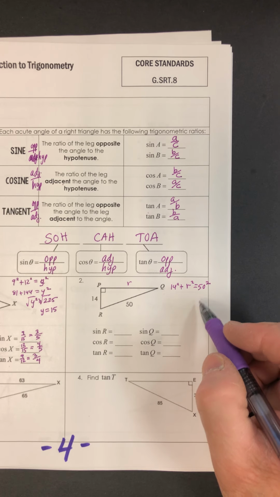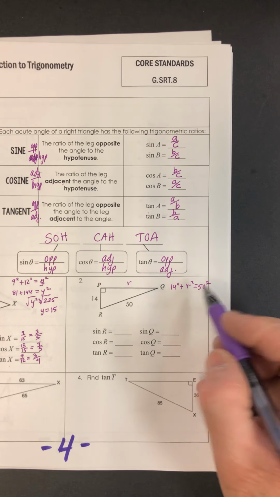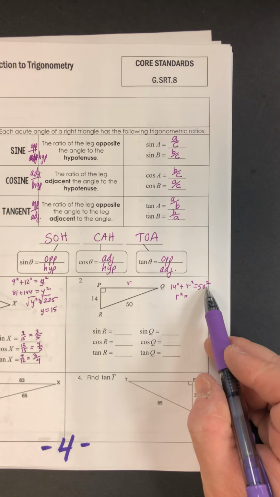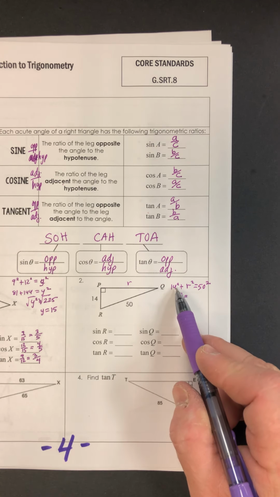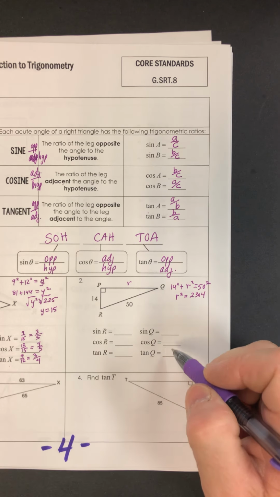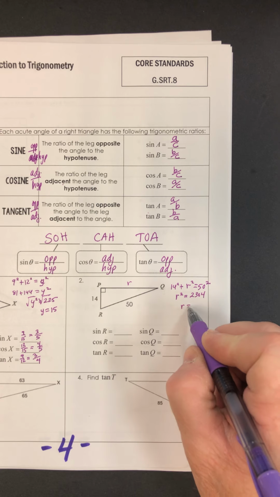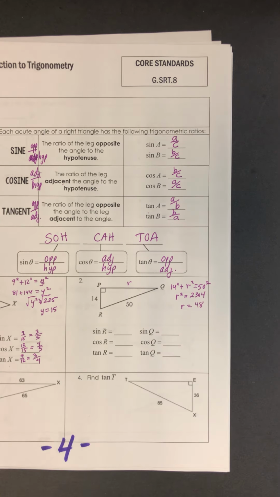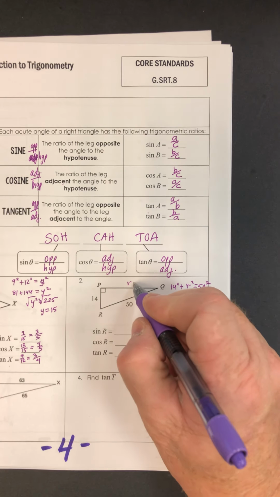So if I take 50 squared and I subtract 14 squared, I'm going to get r squared. I'm just skipping a couple steps here. 50 squared minus 14 squared, that's going to leave me 2304. And then if I square root that, that's going to be 48.